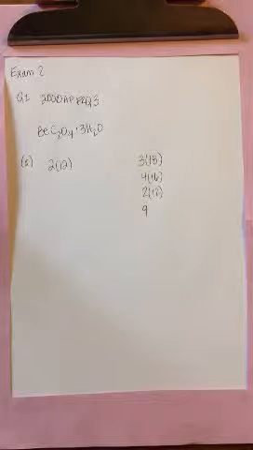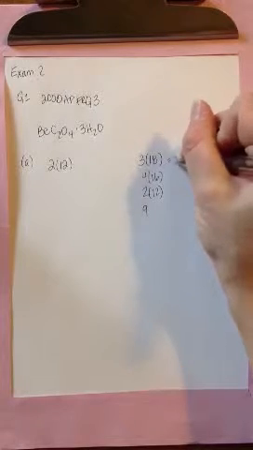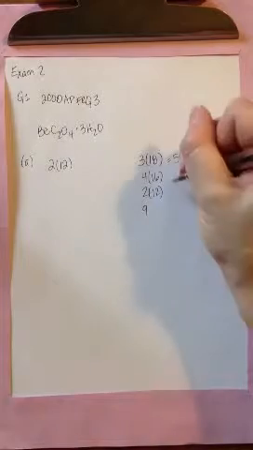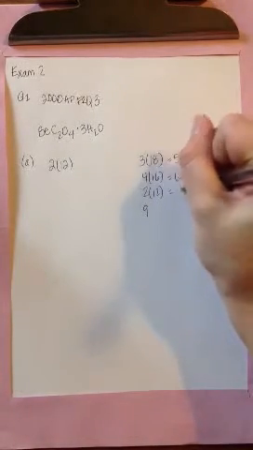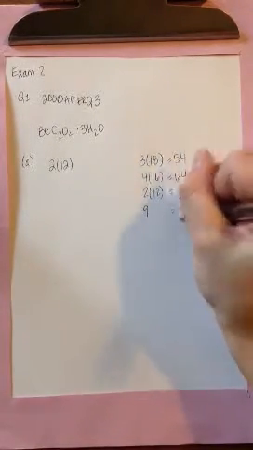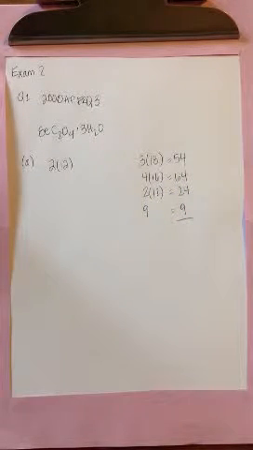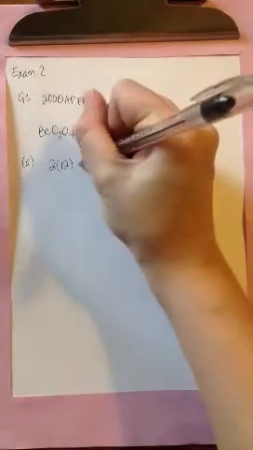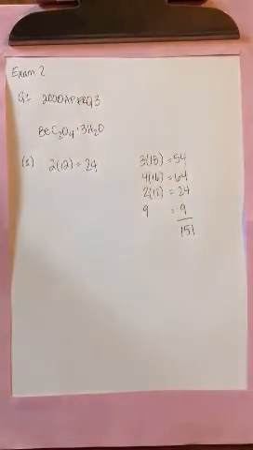Let's see, 3 times 18, that's 54. 4 times 16, 64, that's 24, that's 9, all together 151, and my 2 carbons are 24 by mass.